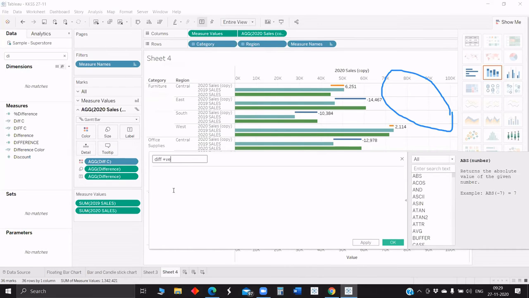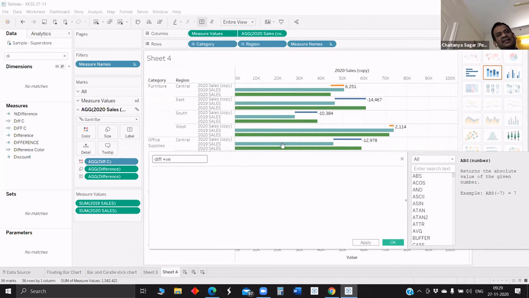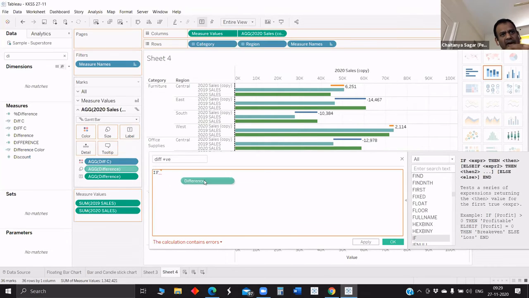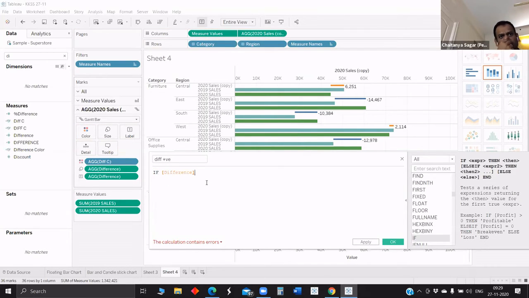Based on the difference, like for this negative 6251, you want it down so it will be easy to observe. Exactly, that's right. Now we have to see it on the other side. Maybe the color is different. If it is close by, and especially if we make it a different color than the shorter bar, it will be very easy for us to read it.